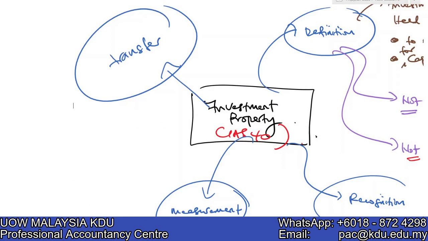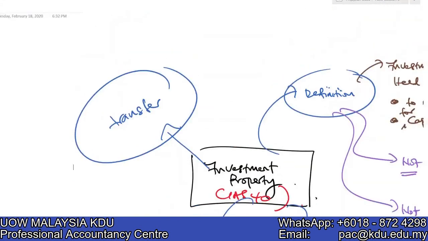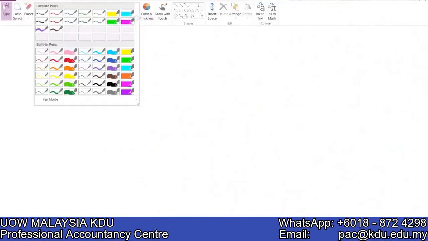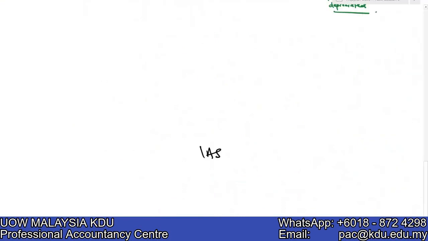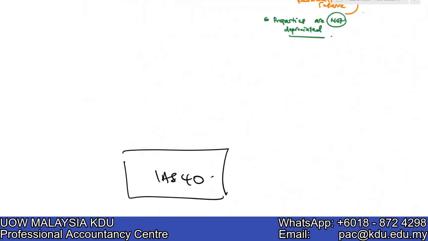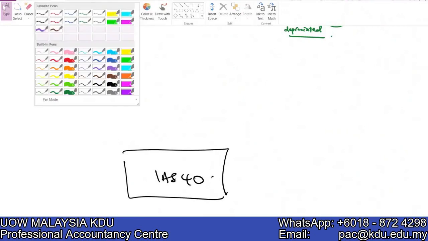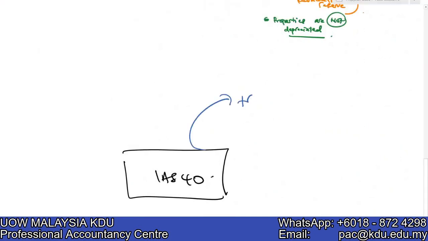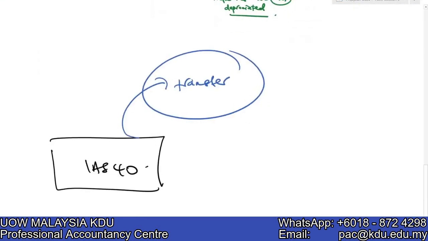So there are three scenarios. Under this transfer, I don't have space, so let me bring it down here. Under IAS 40, besides recognition and measurement, another area that you need to know is how to account for a transfer. There are three types of scenario.